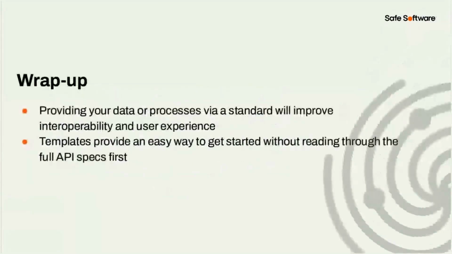So the main idea why you might want to do something like that is, of course, if you only need to implement one single API, then it doesn't really matter too much which API it is. You can just figure it out and implement it. But if you're implementing a lot of different APIs for different services, for different systems, then the time to get to know an API can take time, and this can add up.